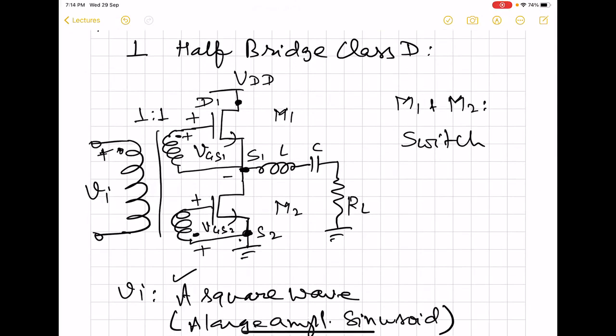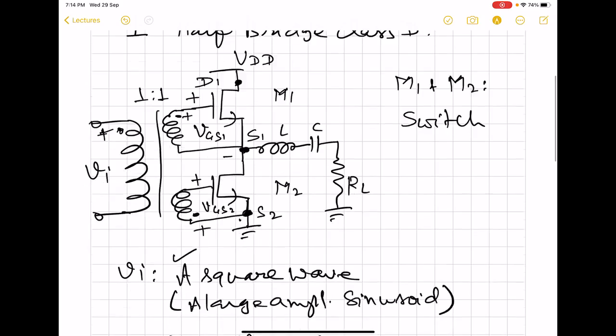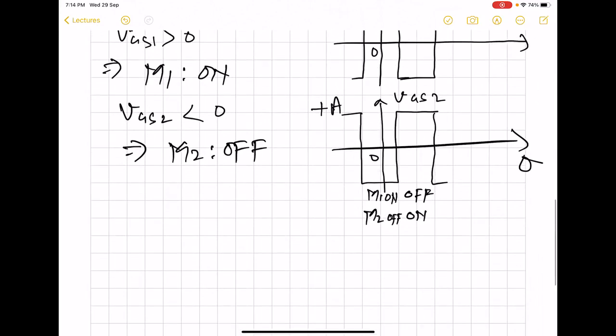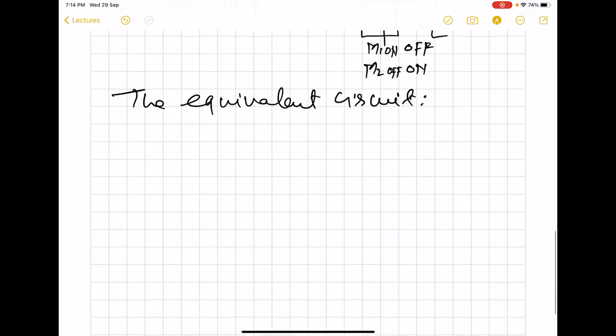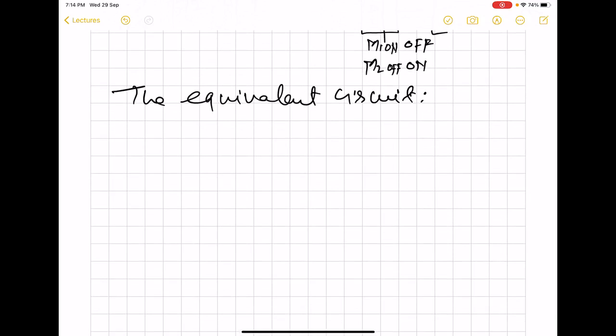When M2 switches on, this source 1 gets connected to source 2, short circuited, but isolated from D1. So if we draw the equivalent circuit, then what we are going to get is this circuit.